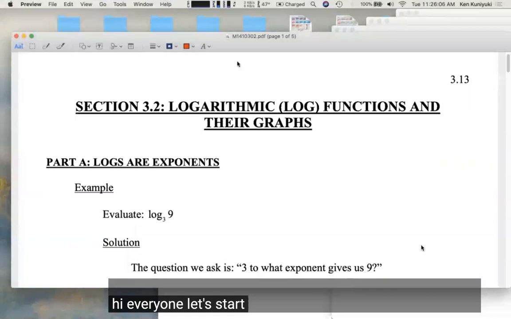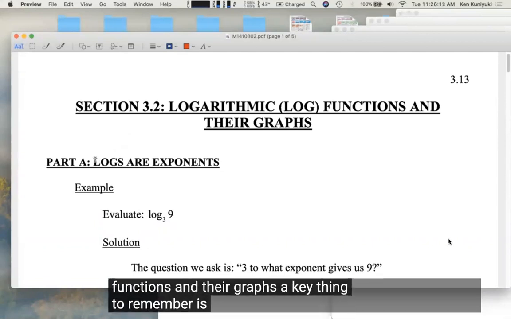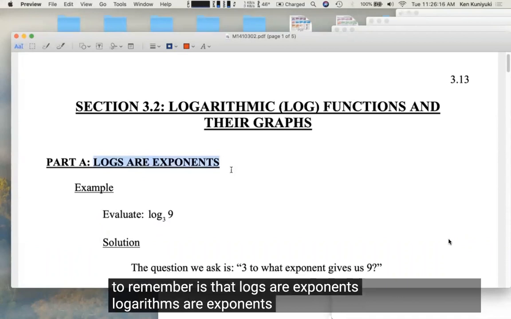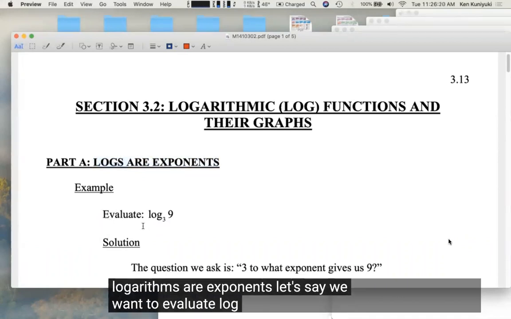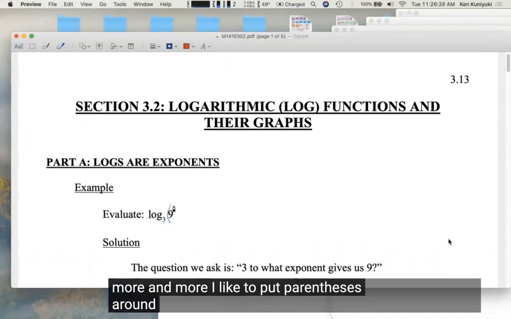Hi, everyone. Let's start section 3.2 on logarithmic or log functions and their graphs. A key thing to remember is that logs are exponents. Logarithms are exponents. Let's say we want to evaluate log base 3 of 9. By the way, log base 3 represents a function, so more and more I like to put parentheses around the argument, the 9 here.